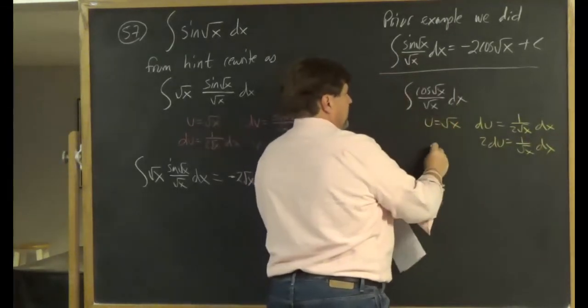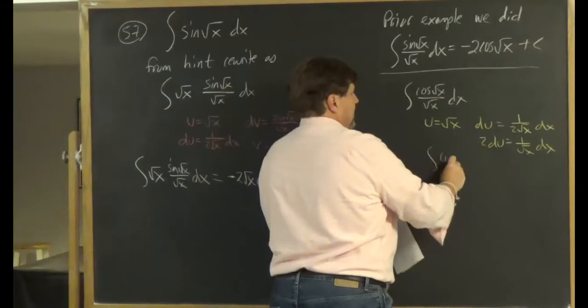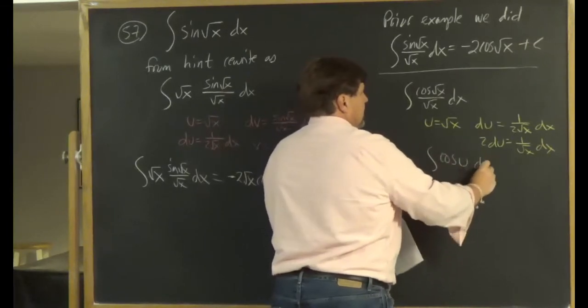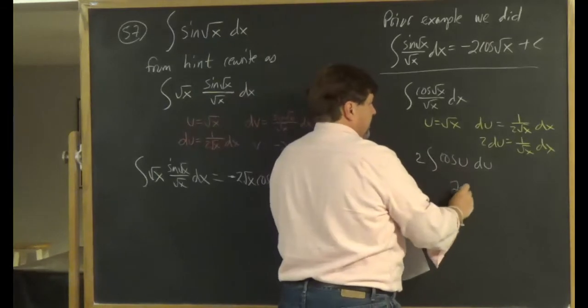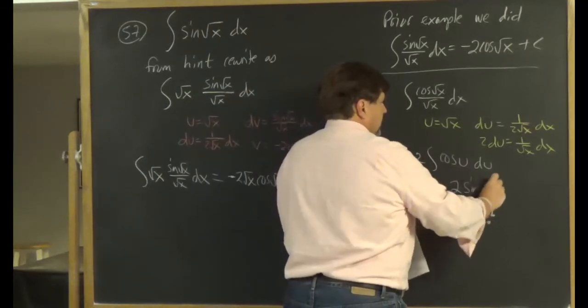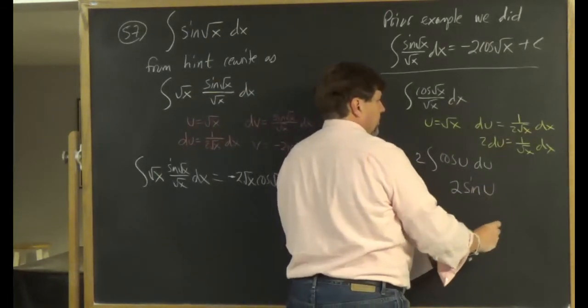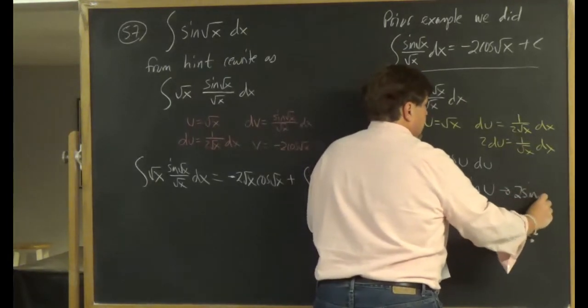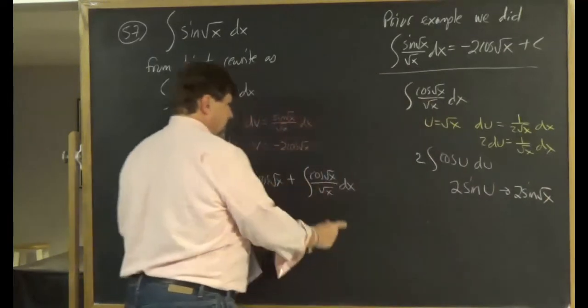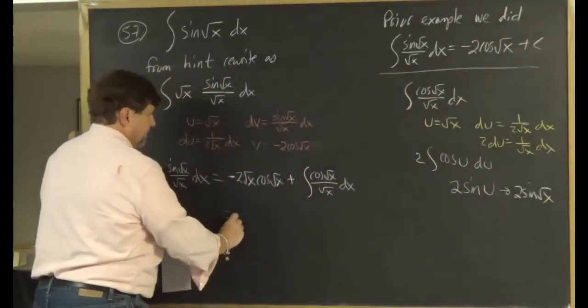So we substitute in, we have cosine u du, 2 out front, antiderivative is 2 sine u, which is 2 sine of square root x. So we just did this.